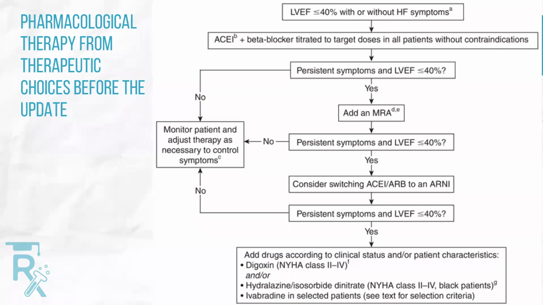If someone is using an ACE inhibitor, like enalapril, for example, and I'm going to convert him to the combination of valsartan and sacubitril, when will I give him the dose of the combination? What is the washout period? 36 hours.